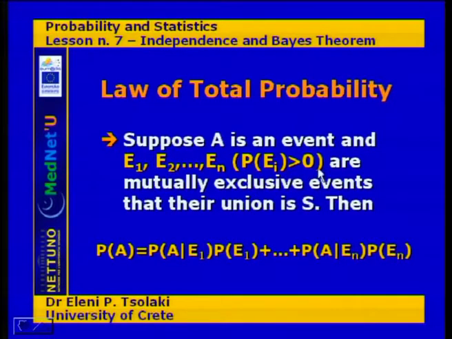Their probability is not 0, and they are mutually exclusive events, and their union is S. Then we have that the probability of A equals the probability of A given E1 times the probability of E1 plus the probability of A given E2 times the probability of E2, and so on, the probability of A given En times the probability of En.